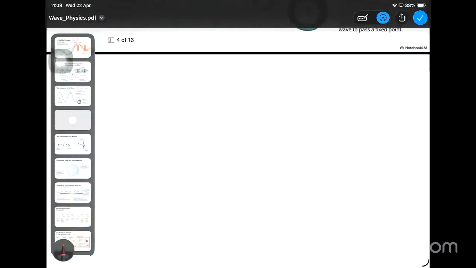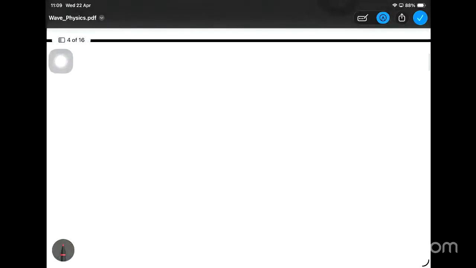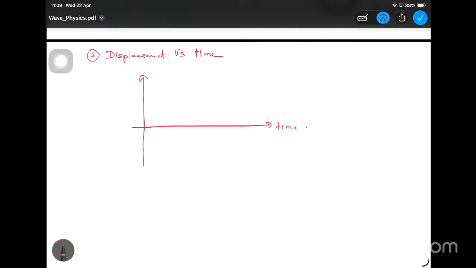Okay. So here, as I mentioned, distance versus displacement. And the second type of graph is the displacement versus time graph. So here we have the displacement and here we have the time. So in this sort of a question, first of all, these are the steps.